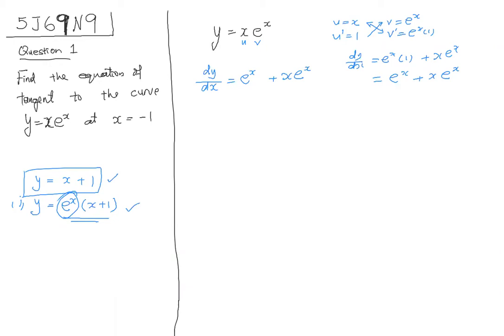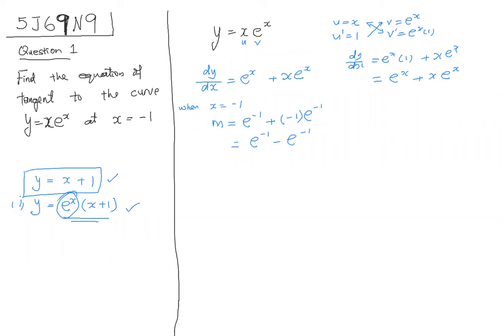Okay, so when x equals negative 1, the gradient of the tangent is e to the power -1 plus, you sub in, yes, so you get e to the power -1 minus e to the power -1.